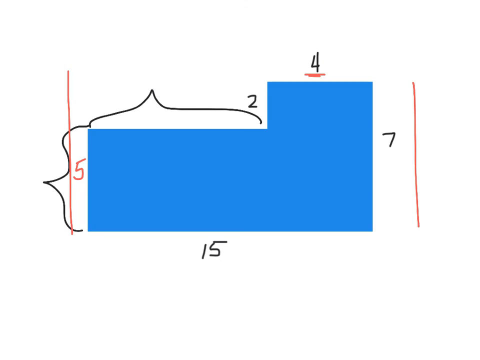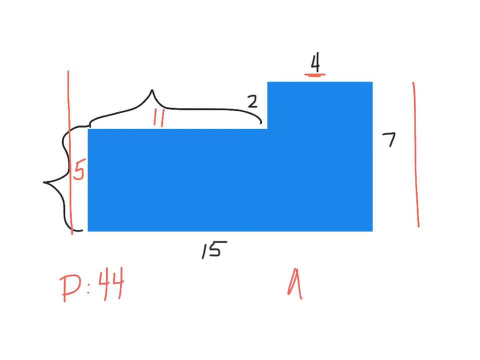So 15 take away 4 is 11. Great. So to find the perimeter, I add up everything. I have 15, 11 and 4 is 15, so that's 30. I have 7 and 2 and 5 is 7, so that's 14. So I have 30 plus 14, which is 44.